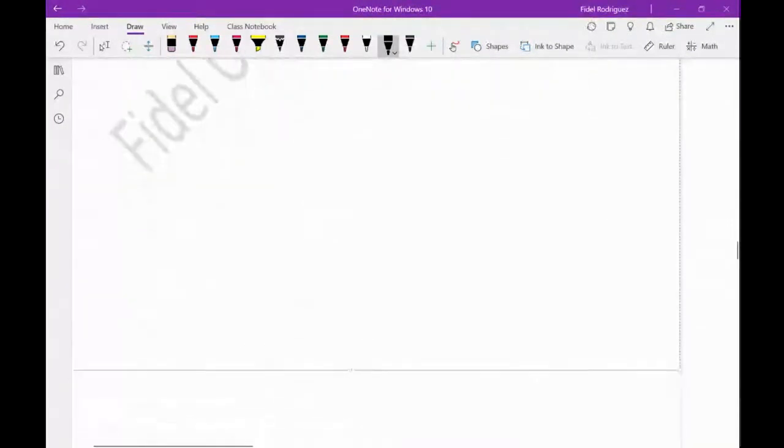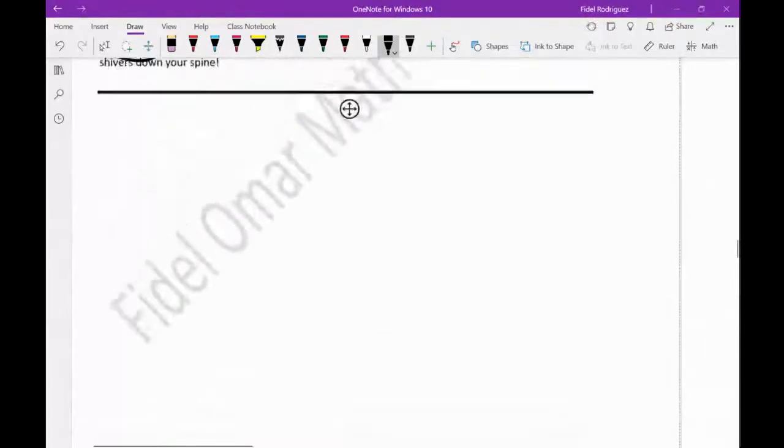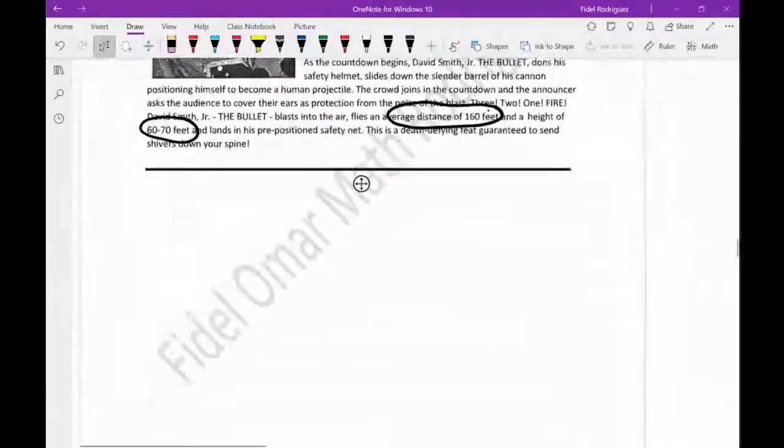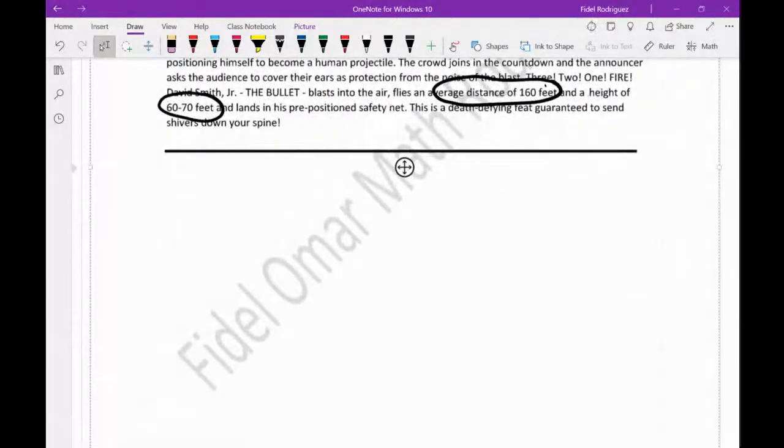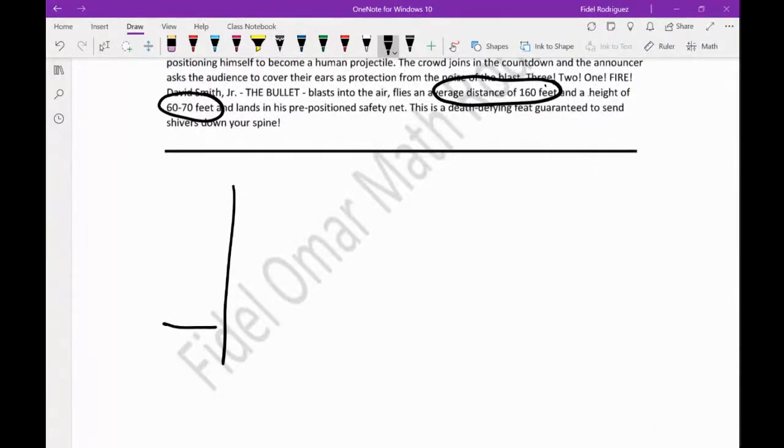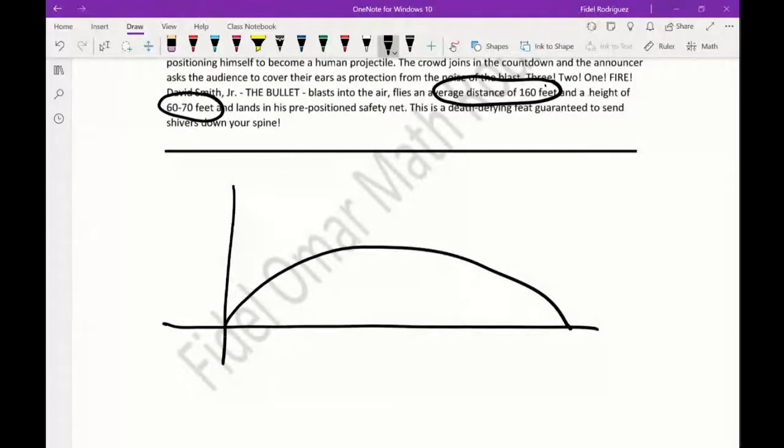So I want to show you what we got here. All right, so I'll show you. We're going to do this real quick so we can see what's happening. Here is how he's being shot. And it goes like that. This distance here, y'all, is 160 feet. It told me that the height that he reached was, let's go with a bigger number, let's go with 70. Think about this.